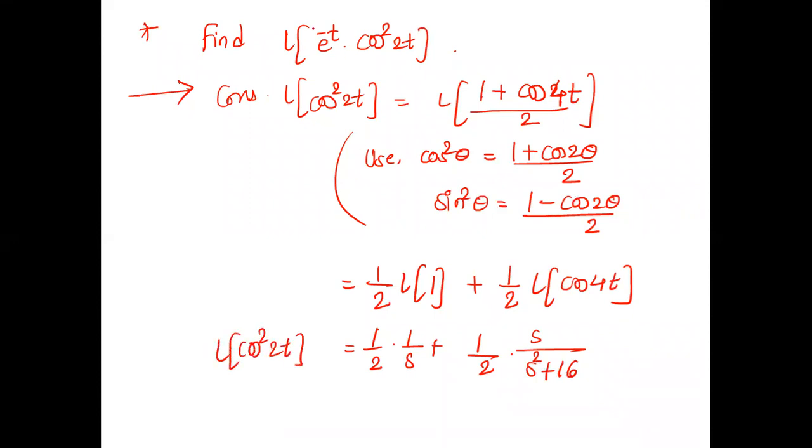Then on this we need e, so I'll multiply that e here: e raised to minus t into cos square 2t. So what will happen on the other side if we multiply by e raised to minus t?